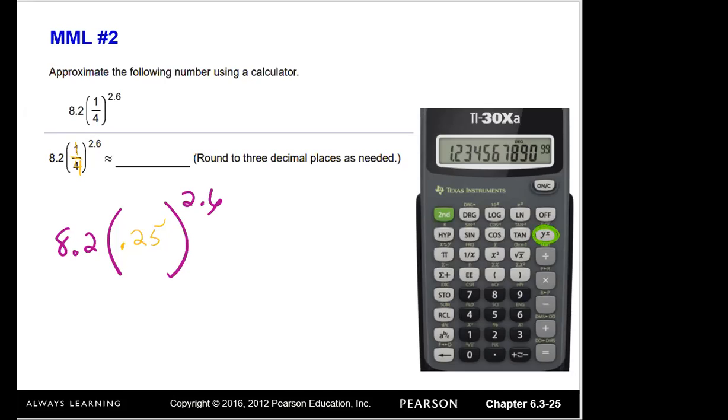So if I were using this calculator, I would type in 8.2. And then you can either use the parentheses if you want or not. That's up to you.